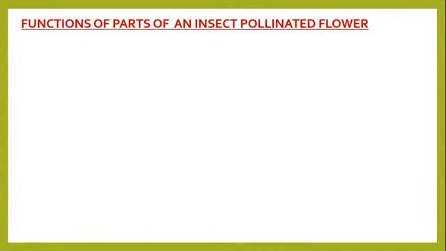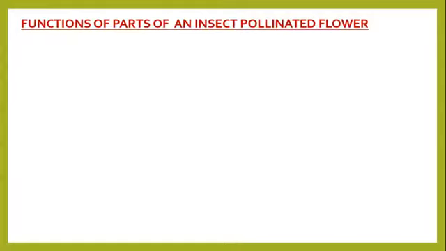We mentioned the male reproductive part known as the stamen, the female reproductive part known as pistil or carpel. Then we identified other parts like the petals, the sepals, and of course the flower stalk or the pedicel, the receptacle.